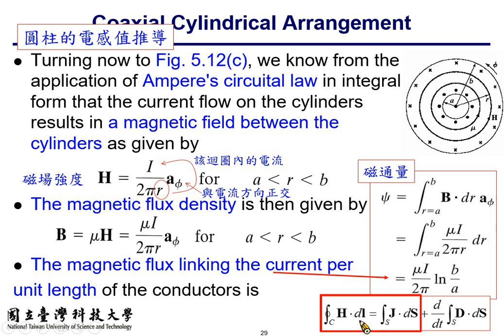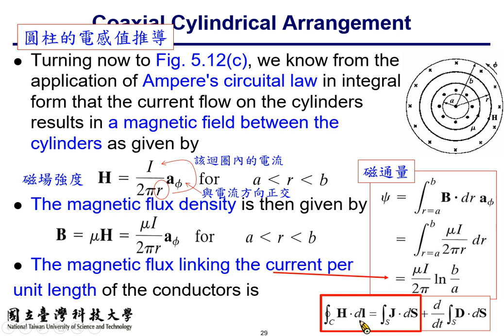We just have an imaginary loop, an imaginary path, and we can calculate the magnetic field intensity with this assumption.